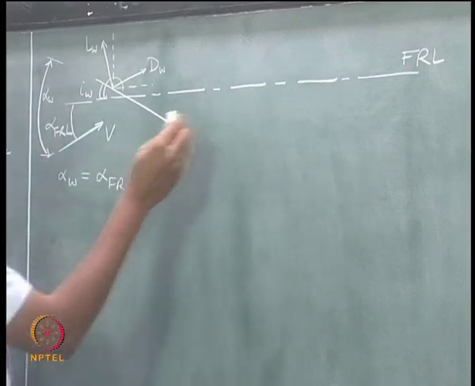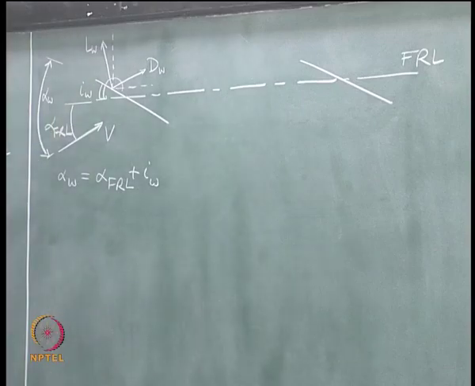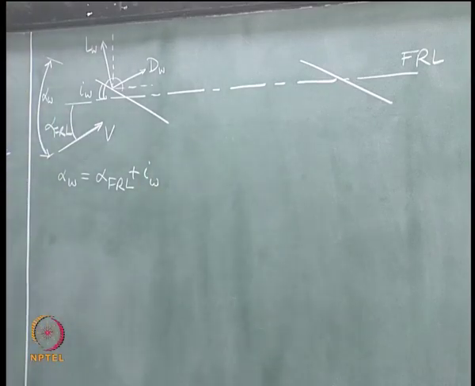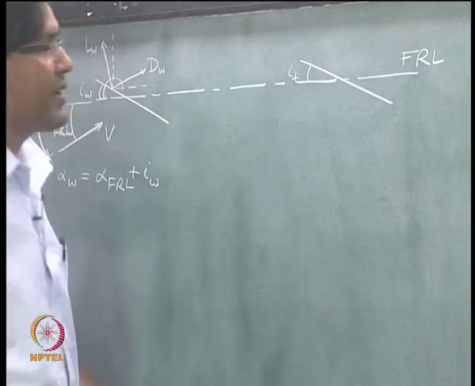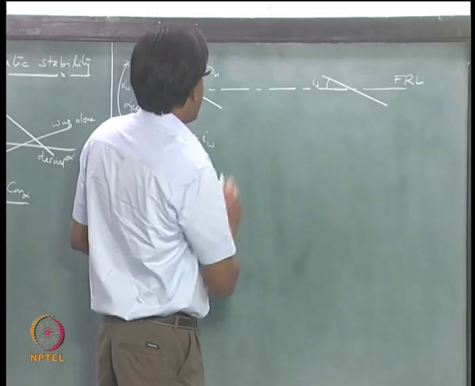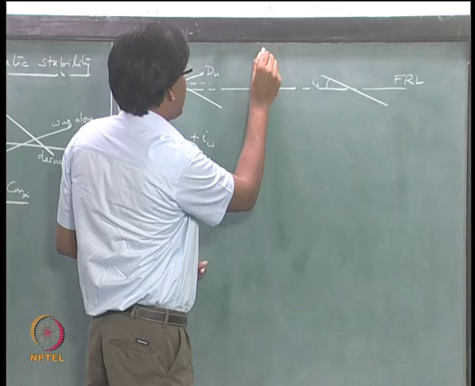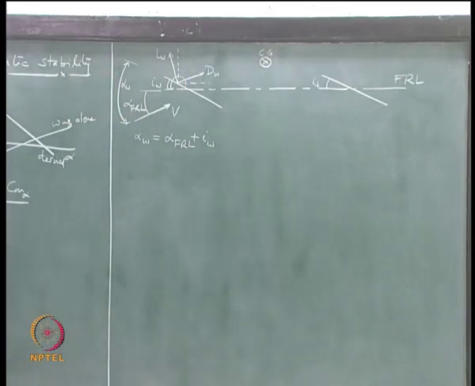The tail is also like a wing, a smaller wing, right, and is inclined at an angle IT to the fuselage reference line, right, and CG is located somewhere here, right, CG of the aircraft.